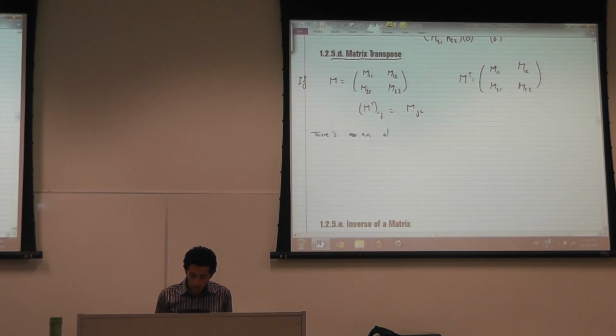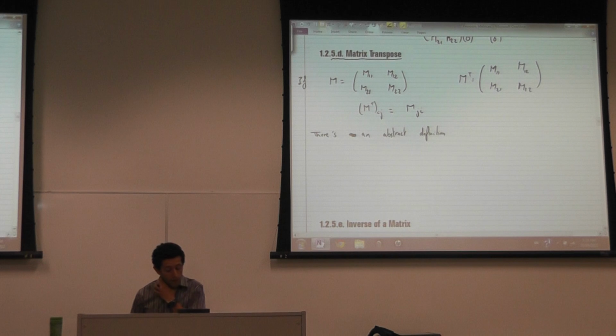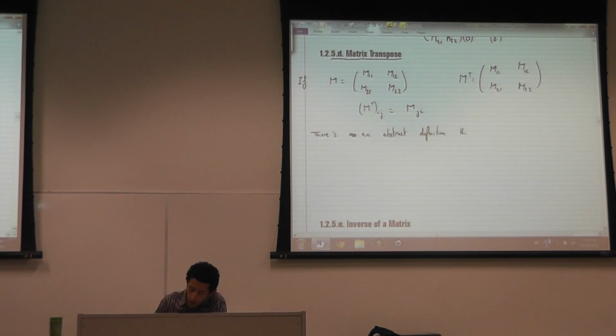there is an abstract definition that minimizes the use of components.